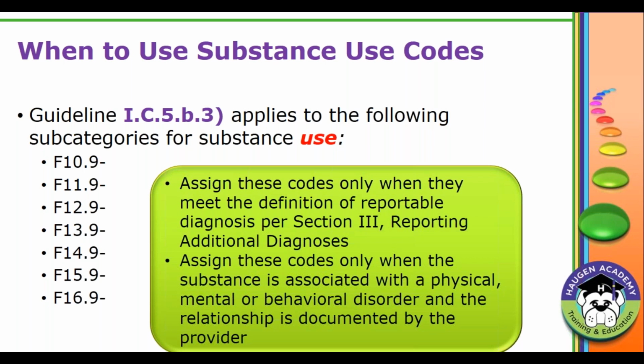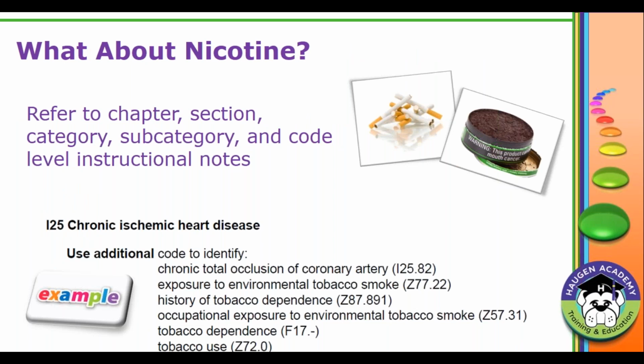We could see this in the states where marijuana is legal. You probably see that documented in records as well. Probably not something you want to be picking up all the time unless the physician is specifically saying that it's abuse or dependence, or it's use with an associated condition. Hopefully that clears it all up. Let's just clear up everything today.